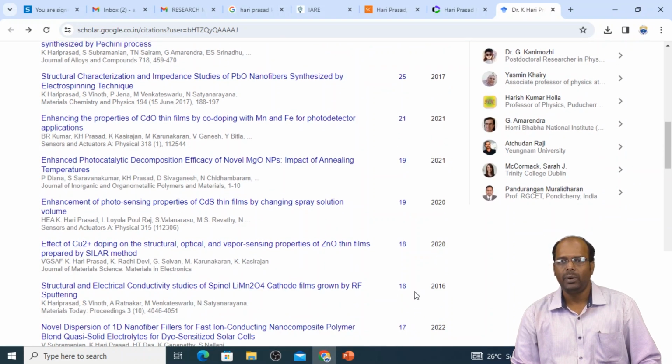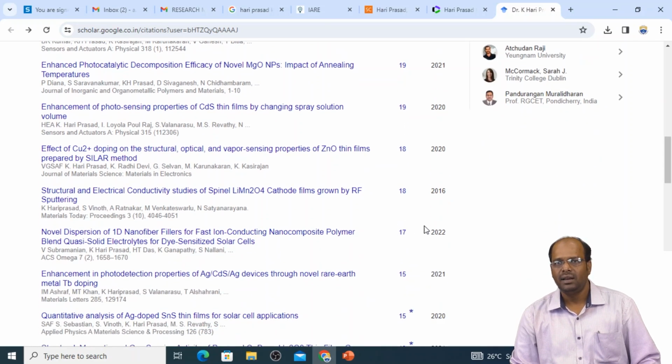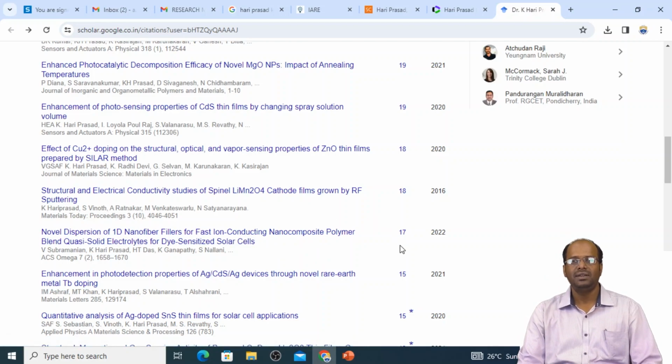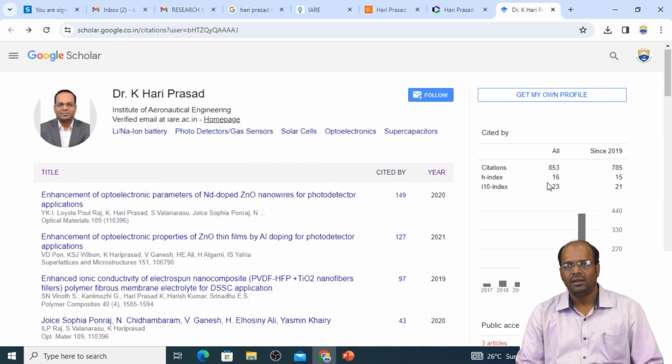Up to 15, all have a minimum of 18 or greater. Afterwards the 16th has 17 citations. It is greater than 16 from the articles' point of view, but we cannot index it as an H index of 17, because the 17th article does not have 17 citations. The 16th article has citations of 16 or greater, so the H index is 16.